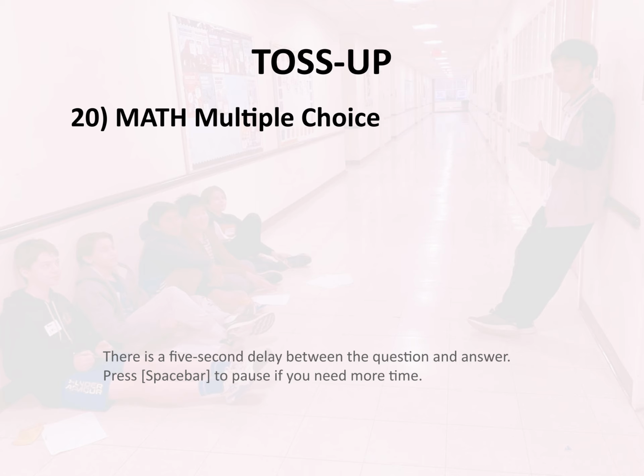Toss-up, 20. Math. Multiple choice. Box A contains 4 chips numbered 1 through 4 and box B contains 5 chips numbered 1 through 5. A chip is drawn from each box and the product of the two values drawn is denoted by X. What is the probability that X is even?